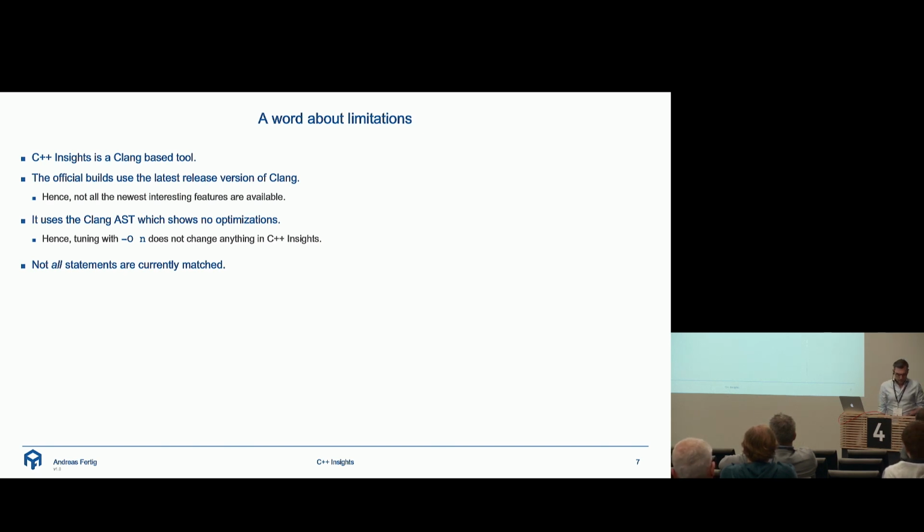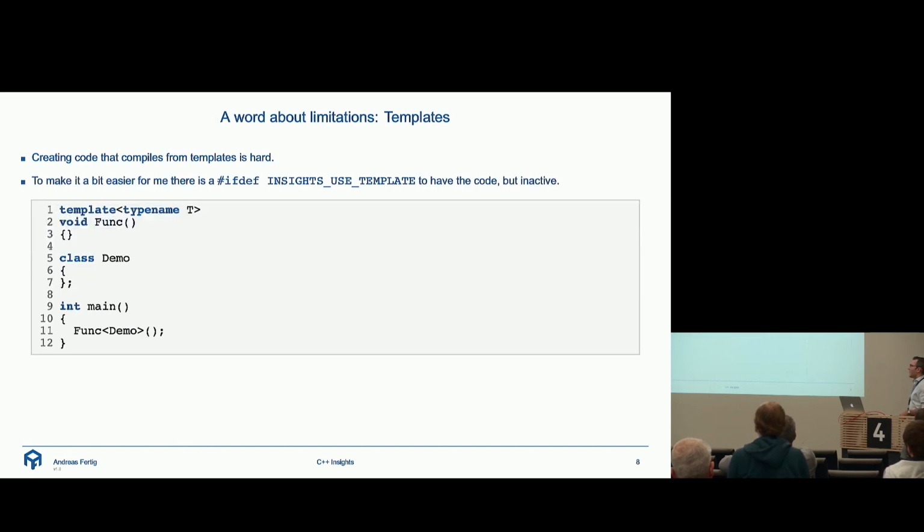When talking about limitations, there is something big in C++ which creates some hard things, and that's templates. You will see also template instantiations in C++ Insights. So you get a better glimpse of what types or what instantiation of a function are instantiated in the compiler.